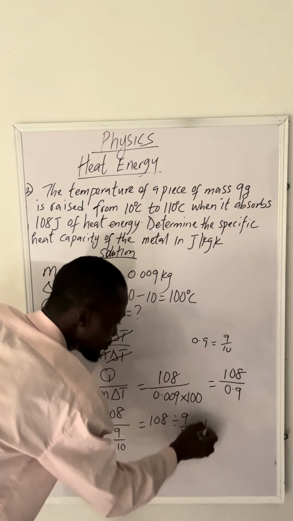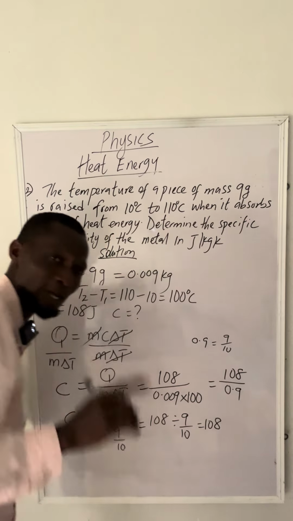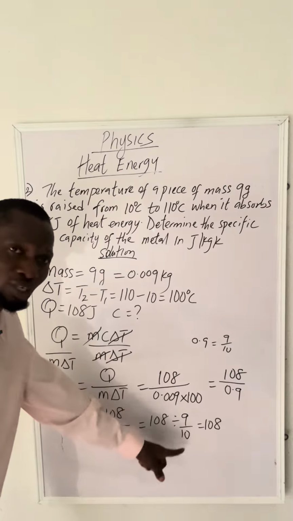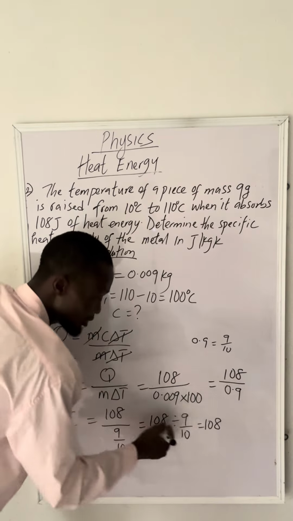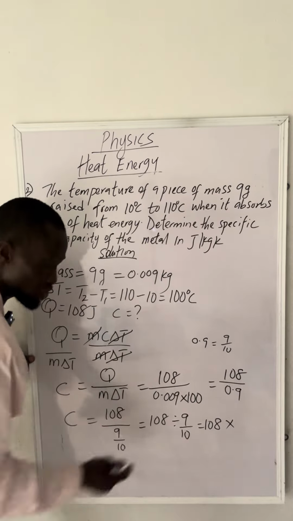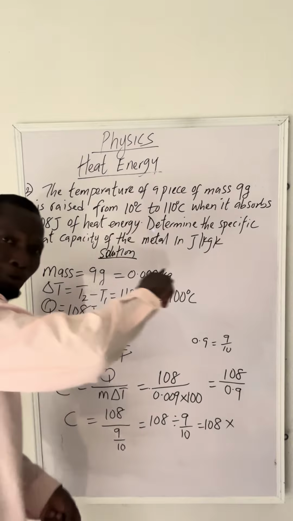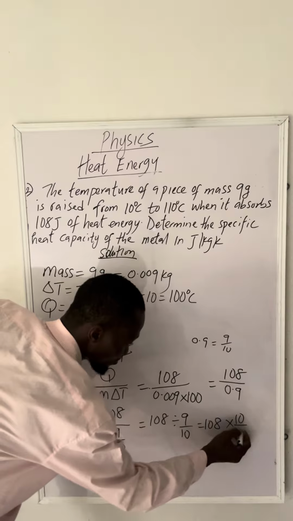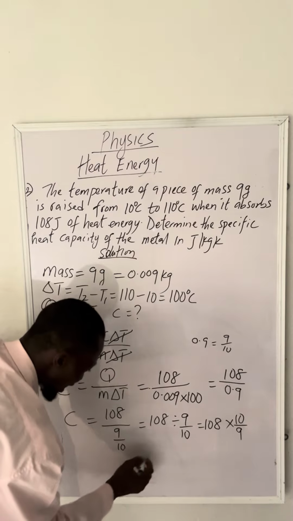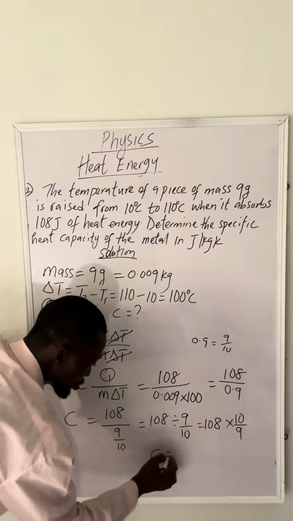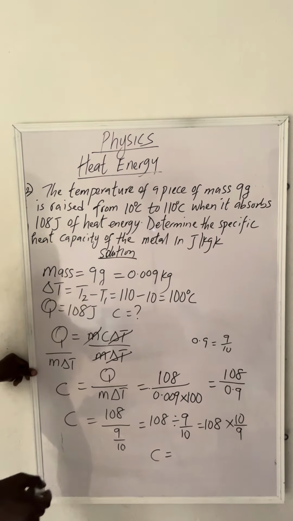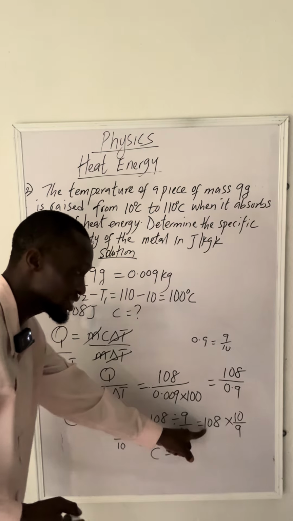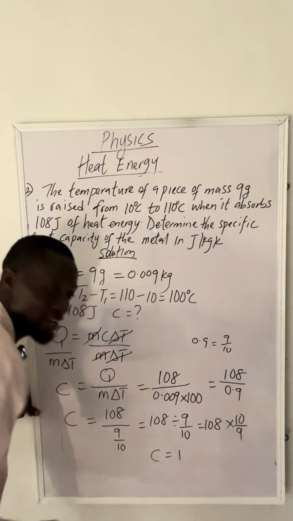And I hope you can still remember your rules of division of fractions. This is a fraction, so the division is going to turn to multiplication, but this fraction will turn upside down, which is going to be 10 over 9. So what are we going to have at the end of the day? C is going to be equals to what? 9 in 10 is going to give us 1, right?